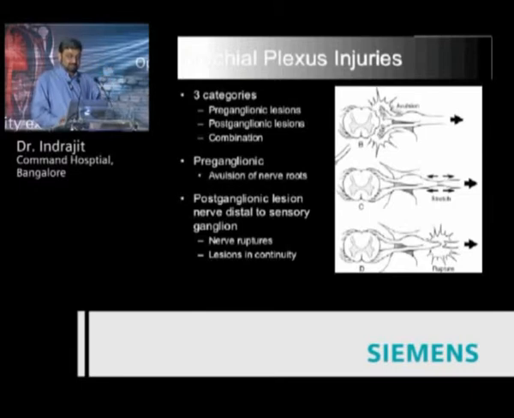And when one goes beyond the ganglion, towards the rest of the upper limb, the term avulsion is usually not used, and the term is replaced by rupture. So rupture is something which is beyond the ganglion, and avulsion is more towards the neural foramen, towards the spinal cord, and before the ganglion.